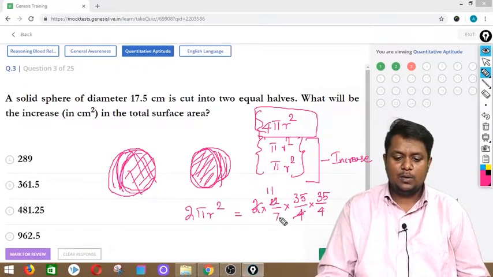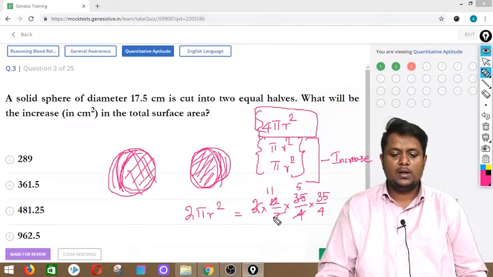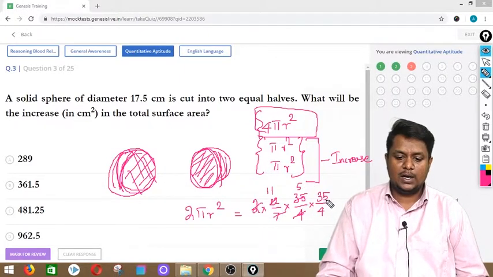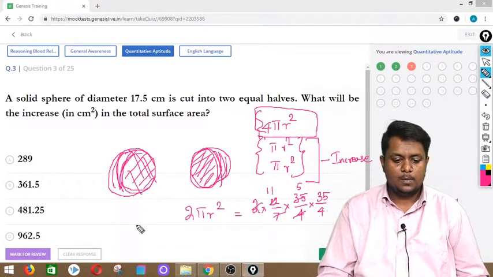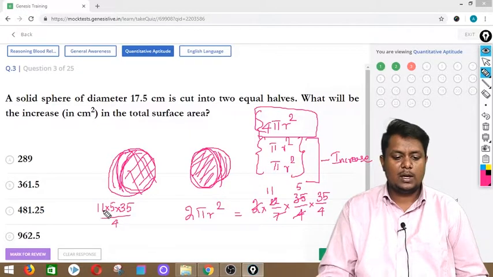Okay, 11 into 7 and 35, when we cancel we get 5. Now 11 into 5 into 35 divided by 4. 11 5s are 55 into 35 whole divided by 4.